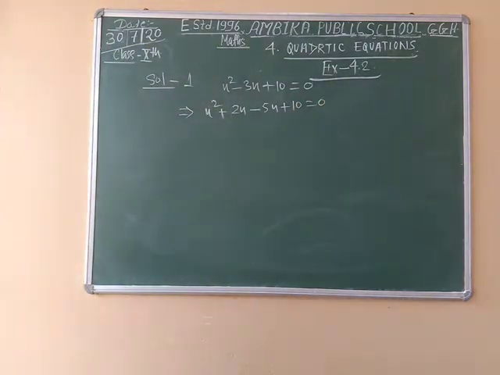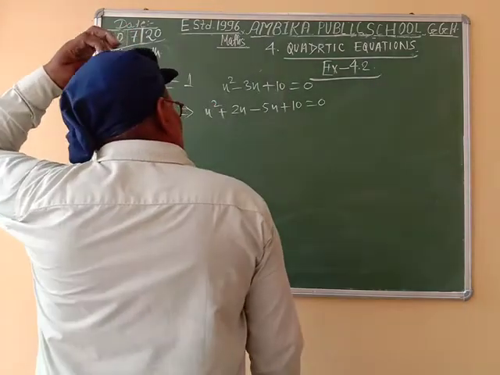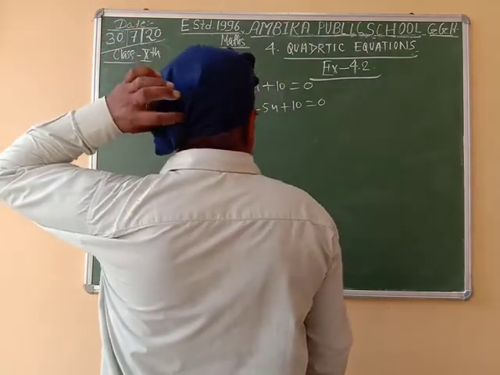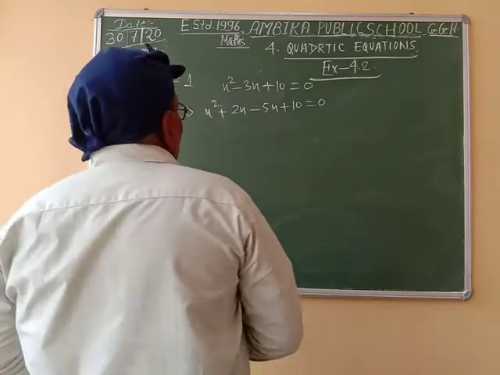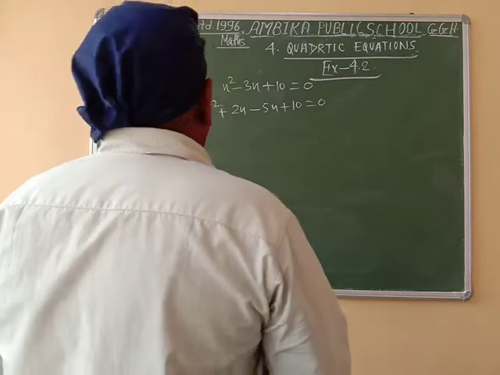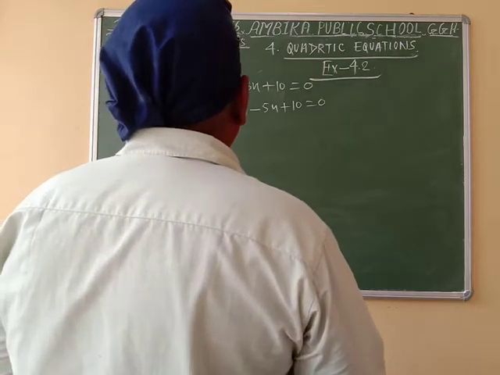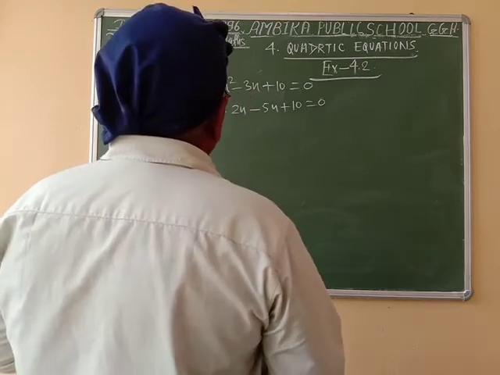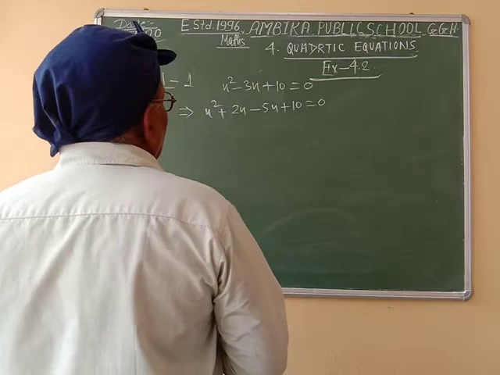Here we have to find such numbers whose sum is minus 3 and the product is 10.